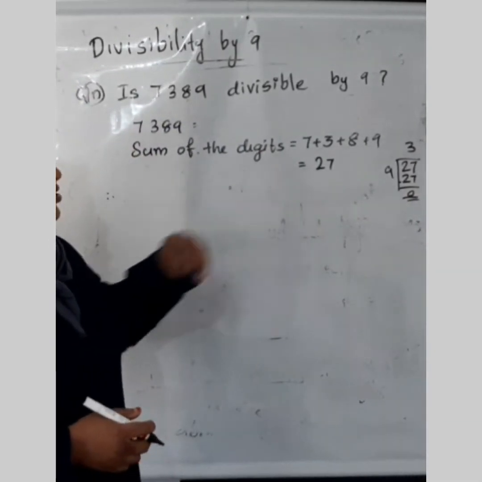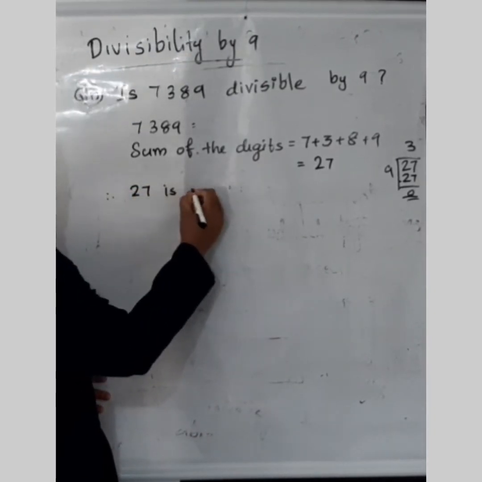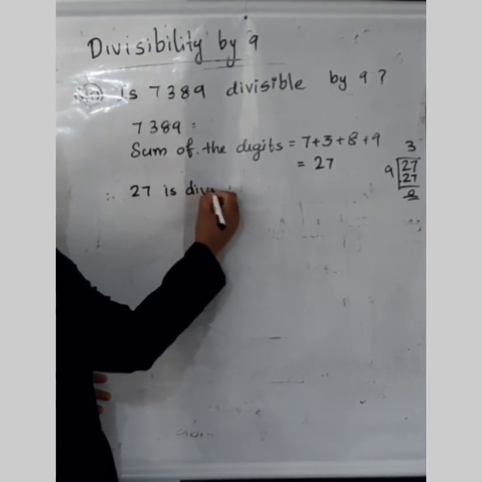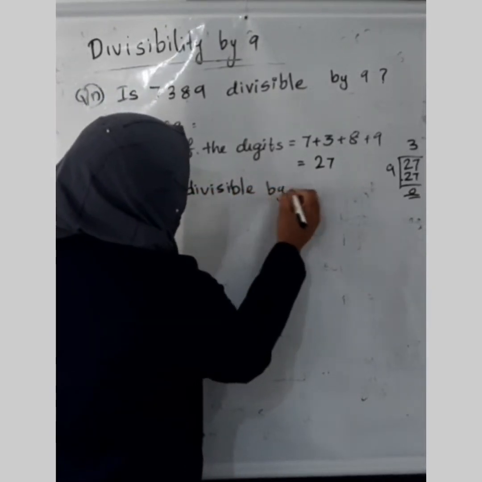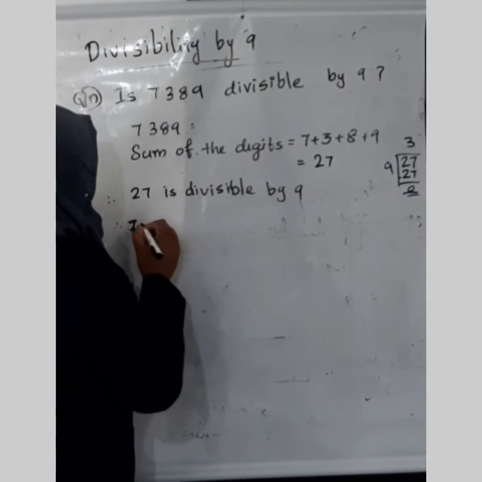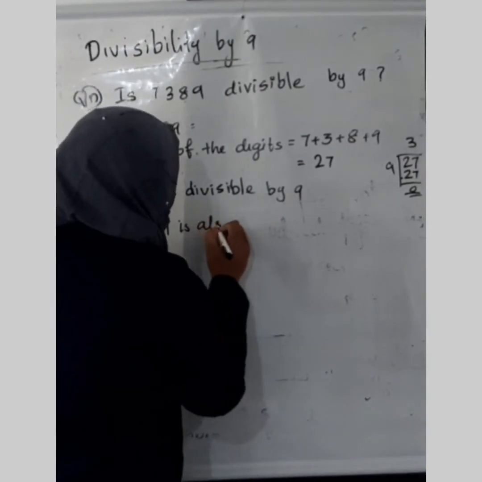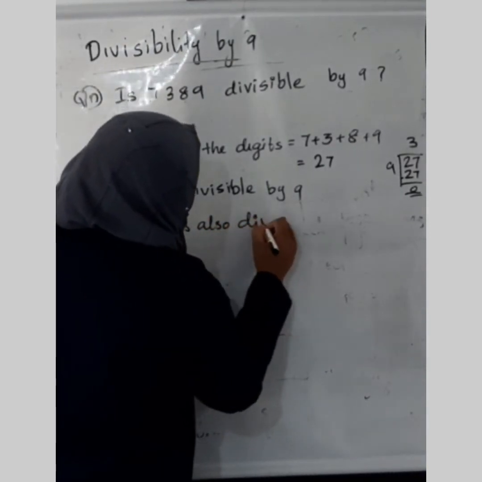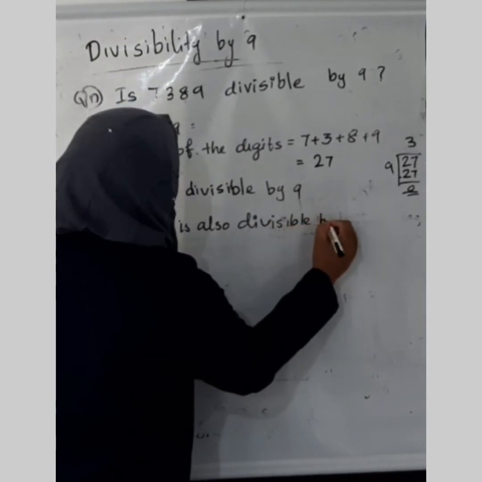So 27 is divisible by 9. Therefore, 7389 is also divisible by 9.